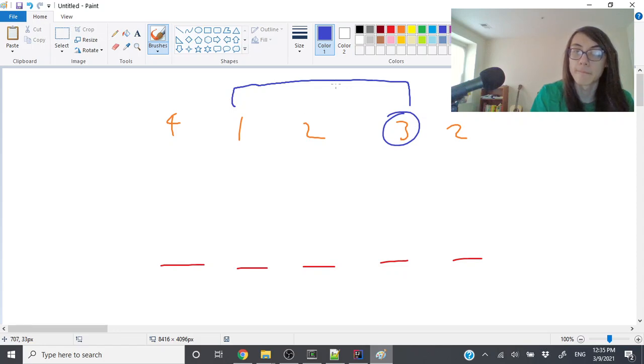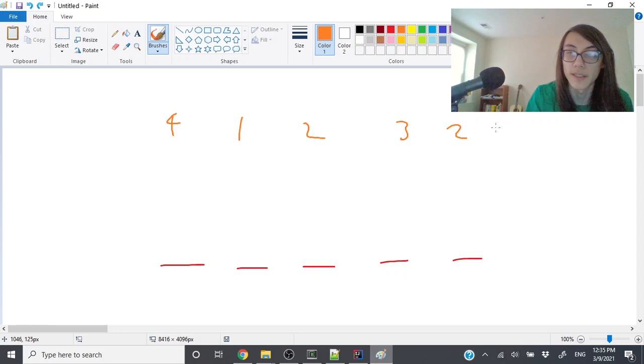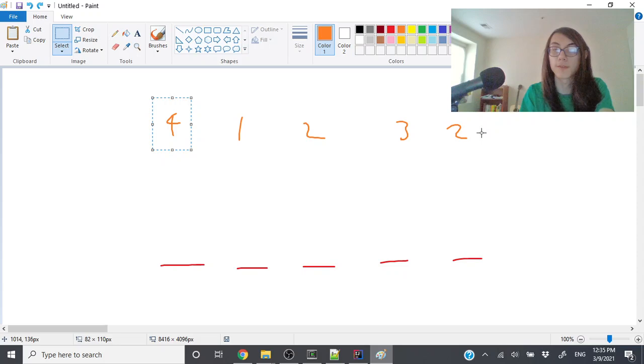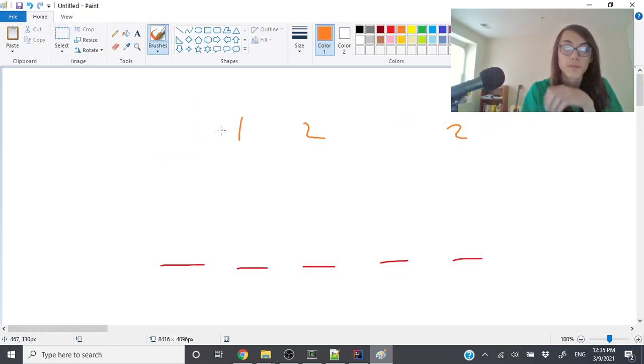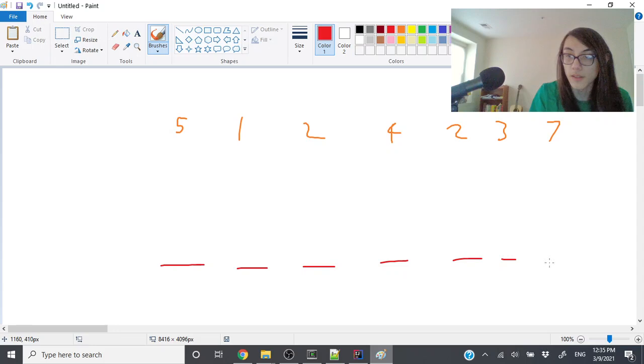Let me get a better example. So 2, let's see, I'll make this 5, 4, and 3, and 7. Okay. So every element is going to dominate some range of the array.